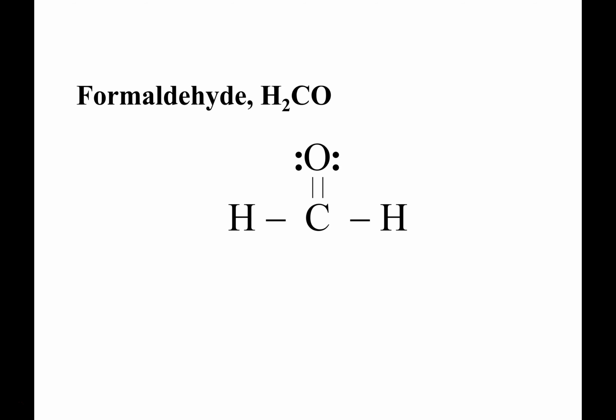Around that carbon atom, a double bond is 1 sigma, 1 pi. So I only have 1 sigma bond in this double bond, and of course a sigma bond to that hydrogen, a sigma bond to that hydrogen, and no lone pair electrons.